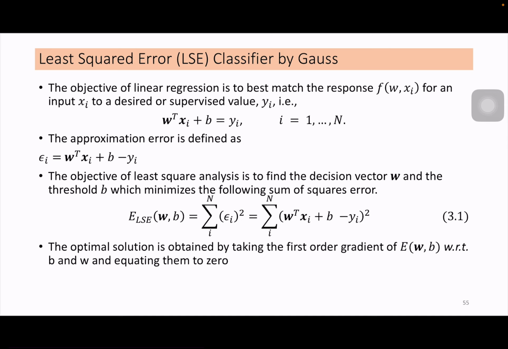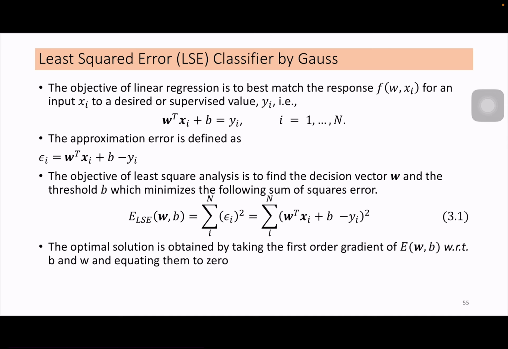The approximation error is defined as epsilon equals W transpose xi plus b minus yi. So it actually becomes an implicit function where your error equals 0. The objective of least square analysis is to find the decision vector W and the threshold b which minimize the following sum of squared error.